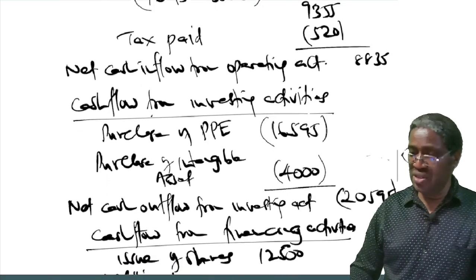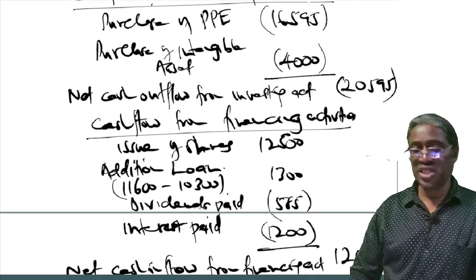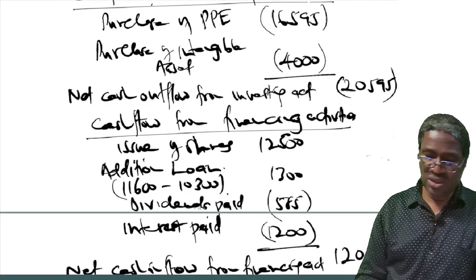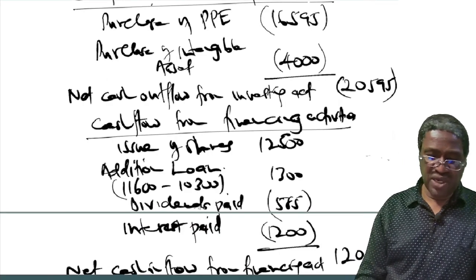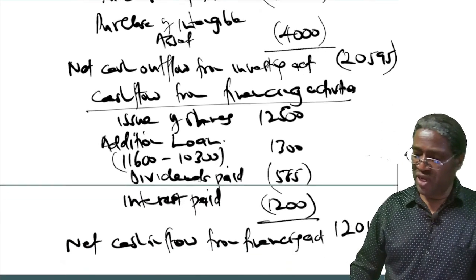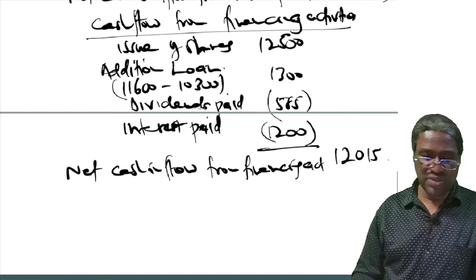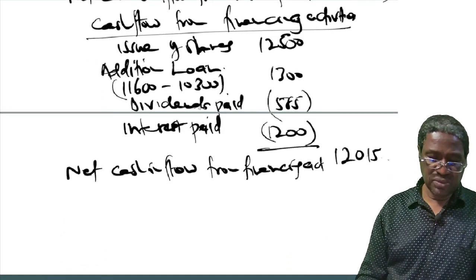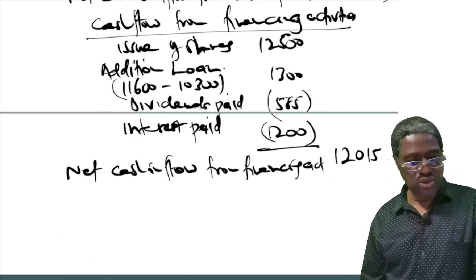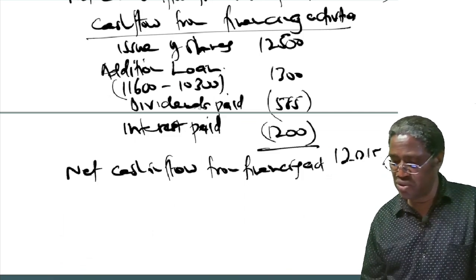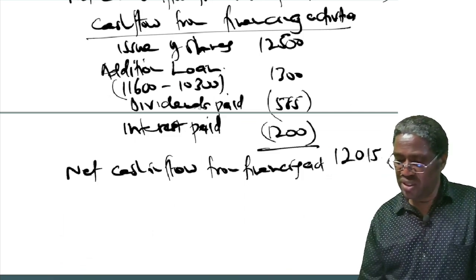Our investing was here, negative 20,595. I go to financing, it's a positive 12,015. In total, I'm getting a positive again.